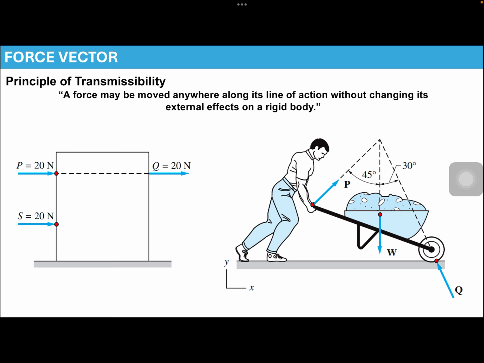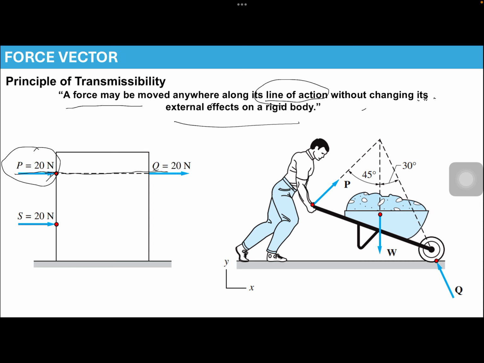So, principle of transmissibility of forces. So, sabi nito, a force may be moved anywhere along its line of action without changing its external effects on the body. So, makikita natin sa figure, merong tayong force 20 Newton going to the right. So, ito ang line of action niya.